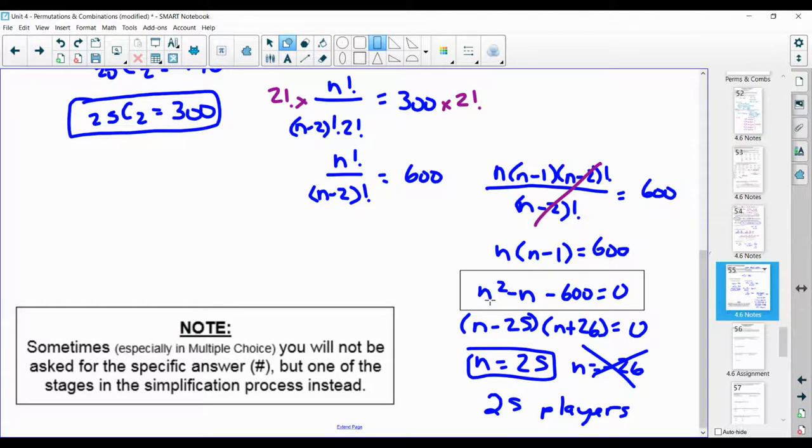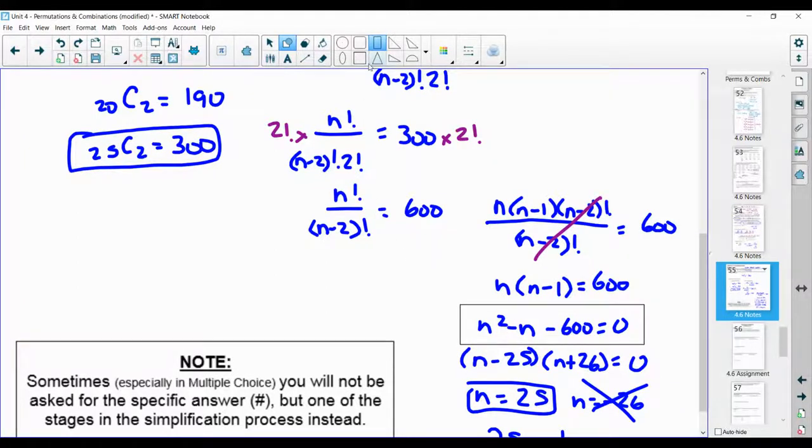And their choices might be n squared plus n minus 600 or n squared minus n plus 600 and so on. But ultimately, they're looking to see, can you do all of this math and get to that step? And so in those types of questions, it's very important that you're able to do all of the math.